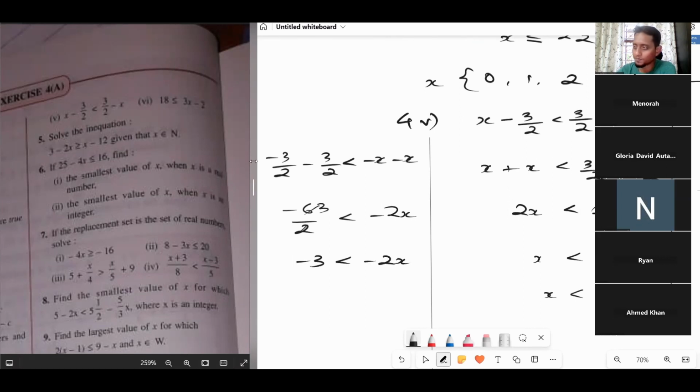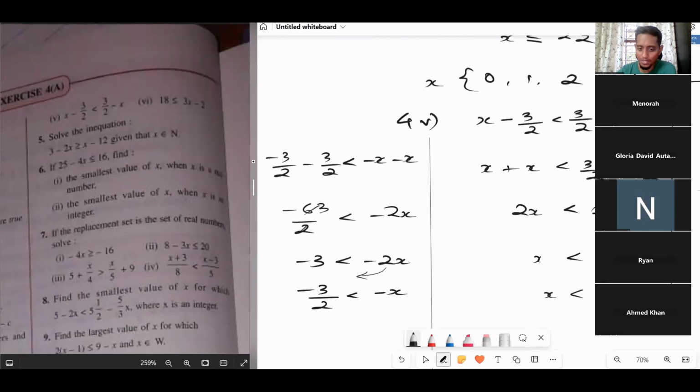Now what are we supposed to do? Take the 2 on that side or minus 2 on that side? Don't take the minus 2. Take only the 2. So it will be minus 3 upon 2 less than minus x. We're leaving that minus there itself. In the last step, we will take the minus on that side.